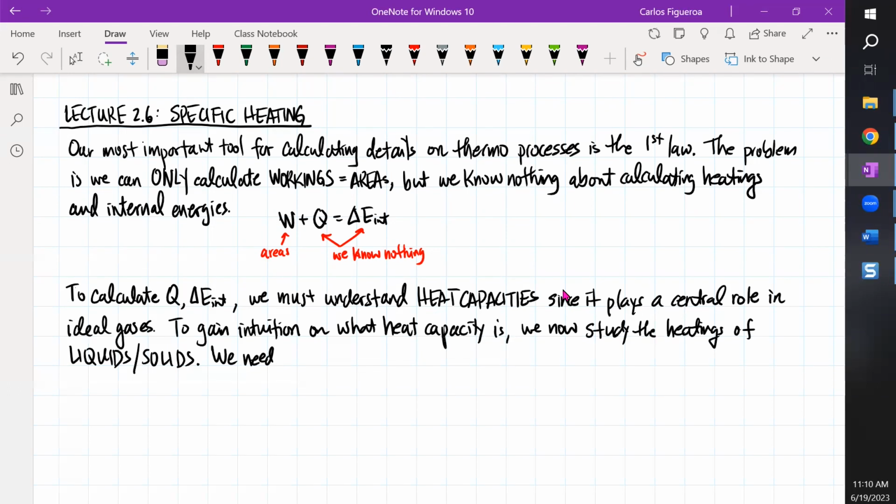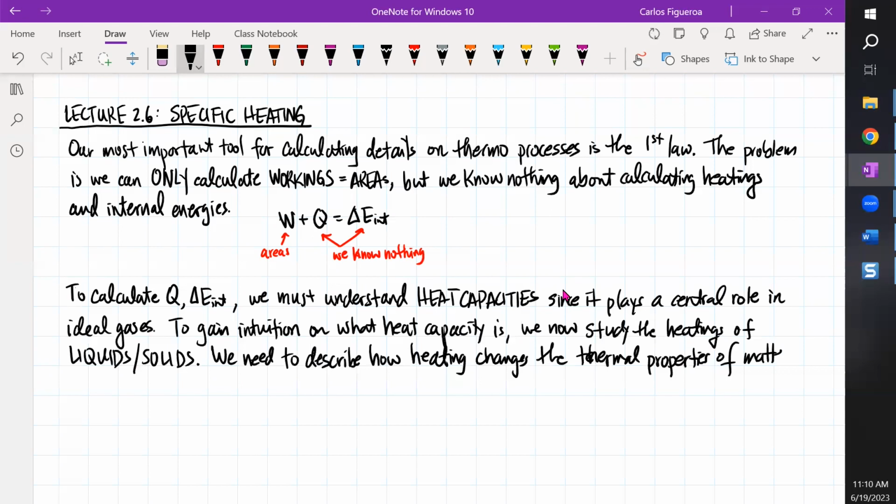We need to describe how heating changes the thermal properties of matter. So this is a two-part lecture. There's specific heating.